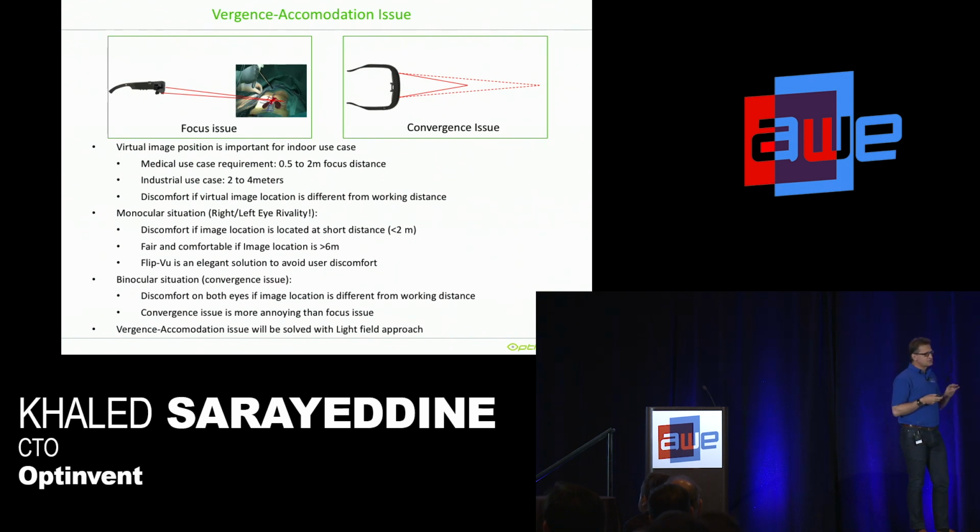In binocular, the situation is worse. Why? Because even if you have the same data for right and left eye, the eye is forced to focus at short distance and large distance. And the strain generated by this is larger than with the monocular. So normally the vergence accommodation issue should be solved by light field that I will talk about later on.